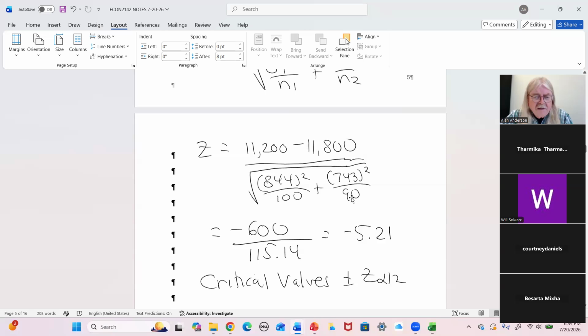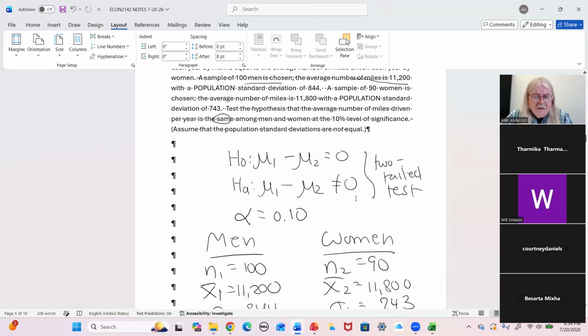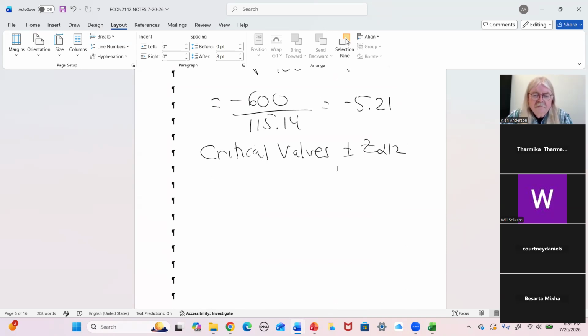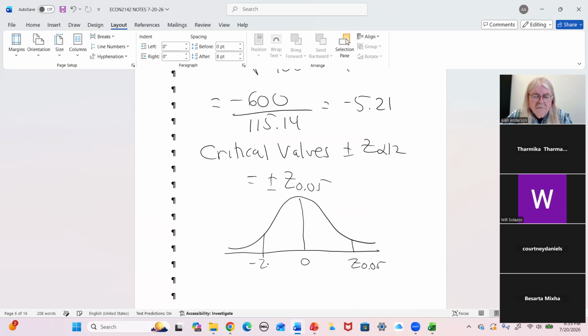If I remember correctly, the alpha is 0.10 in this case, which is unusual. So that's our rejection region.